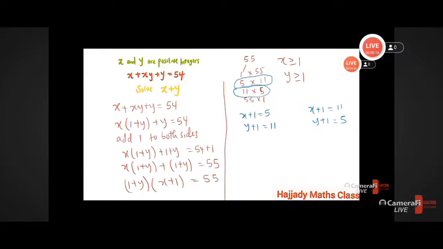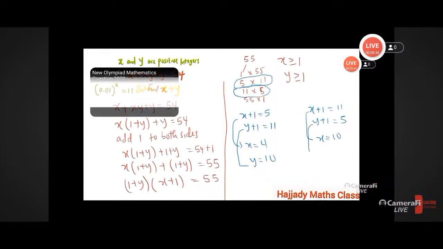So now solving this simultaneously, you will agree with me that from here my x is the same thing as 4, and also from here my y is the same thing as 10. Just the same thing here, the value of x can be 10, and from here the value of y can be what? 4. So solving either way, my x plus y equals 14, and this solve our question.